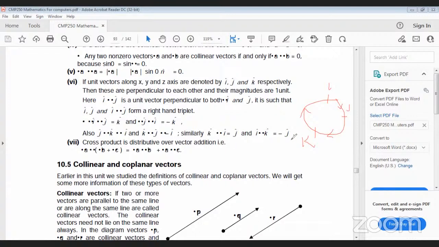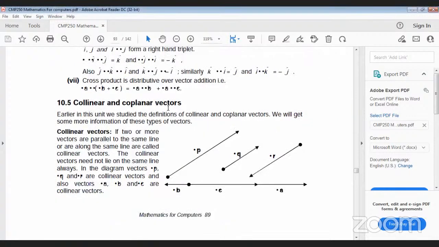If it is going in the opposite direction, then it will give me a minus sign. This is called the clockwise direction. So if it is in the clockwise direction, then you are going to get positive values. Otherwise, negative values.